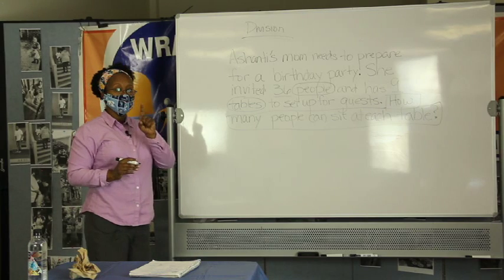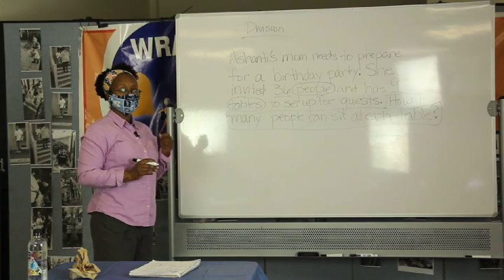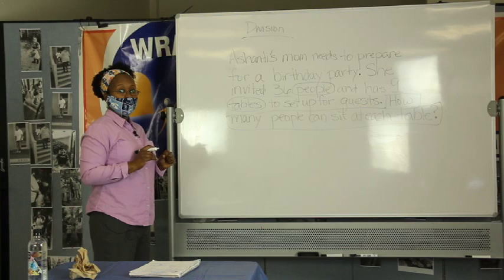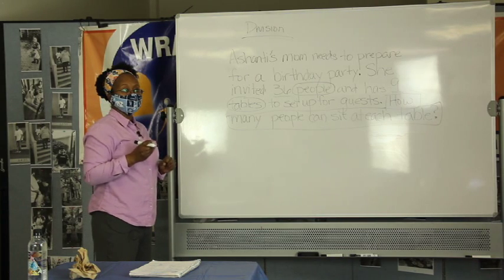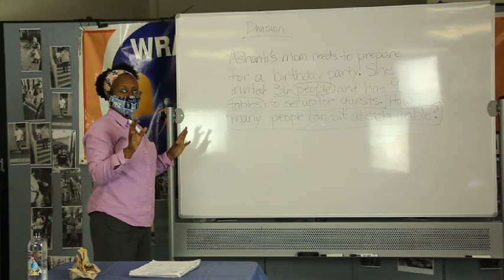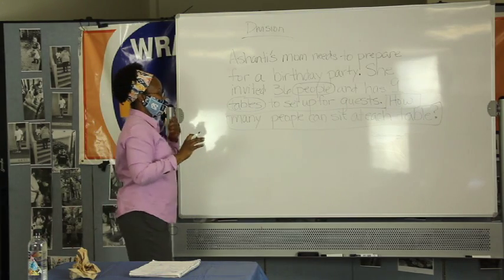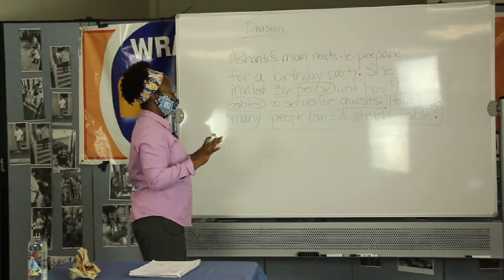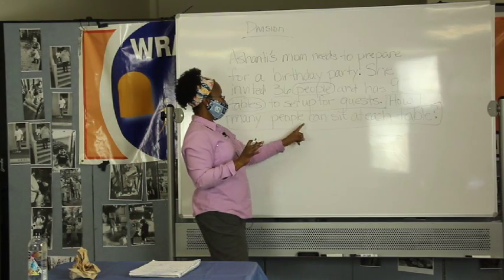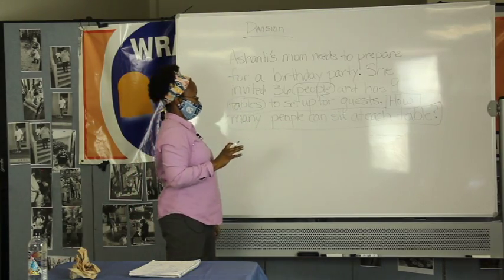And I always want to know what they're asking me, because as the problems become harder, they're going to put a bunch of information in that may not lead you to the answer. So right now it's pretty simple, and we just want to know how many people can sit at each table.